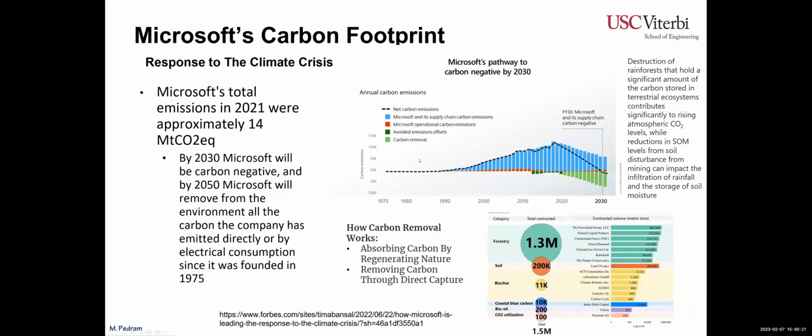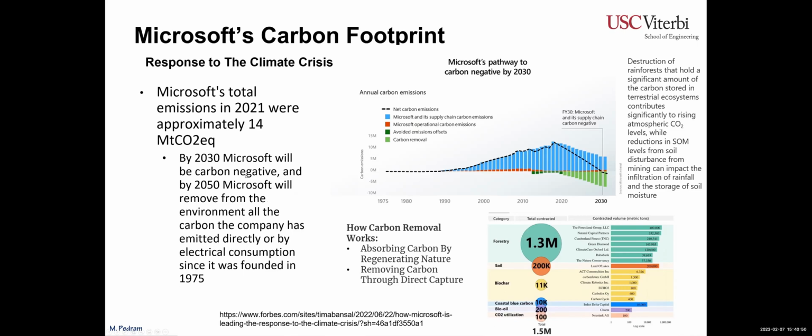They are very big on carbon removal in terms of forestry and soil enrichment and other natural processes that are used to either capture carbon or make sure that there's a compensating effect because of the plantation and the trees that they're putting in.